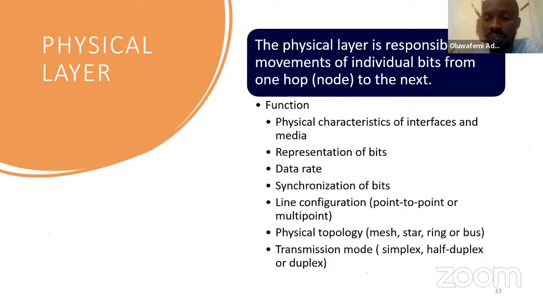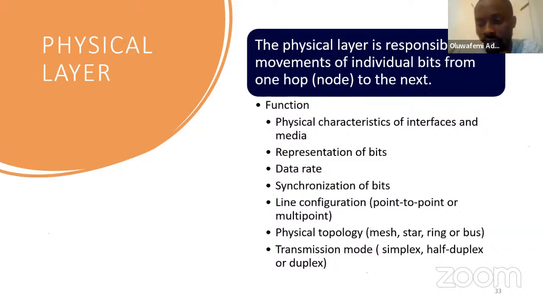Anybody that gets the data I'm sending, right? It's only one person that can have access to that data at once. The rest do not have access to it. Do you understand? But half duplex means that I can send to system A, system B, and system C at the same time, right?